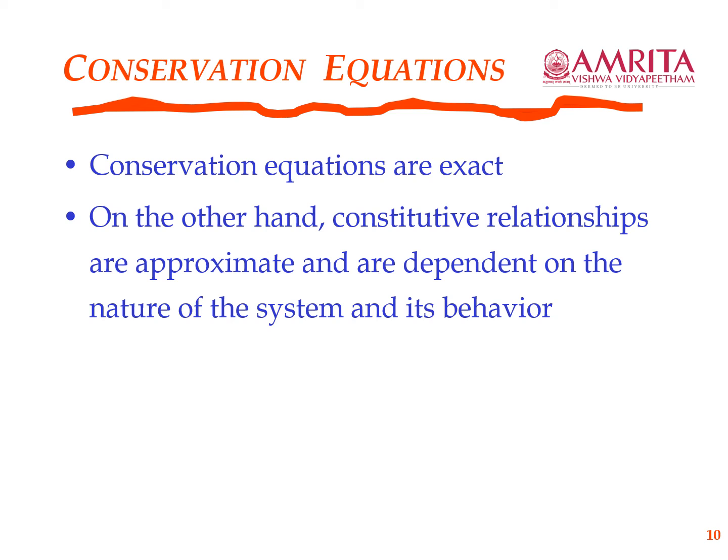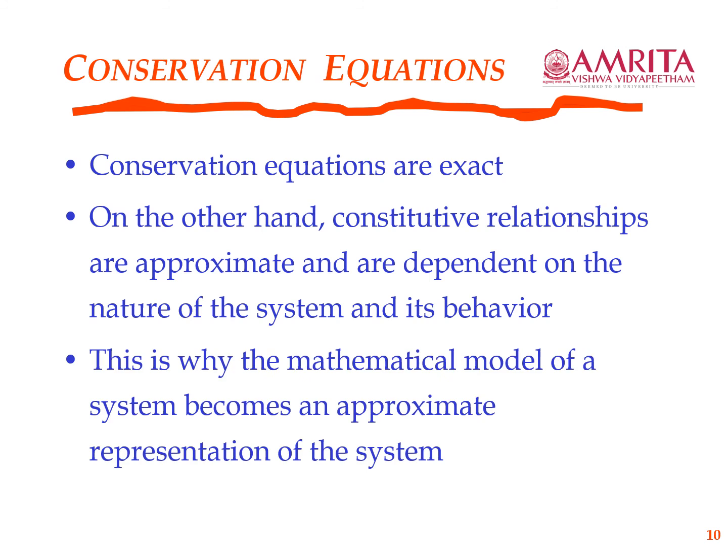Where does the approximation come from? And of course, before even getting to writing the conservation equations and the constitutive relations, you have to look at what scale you are modeling the system and what is the essential physics. There itself one level of approximation comes, and here is the next level of approximation. So as I said, this is why the mathematical model of a system becomes an approximate representation of the system.